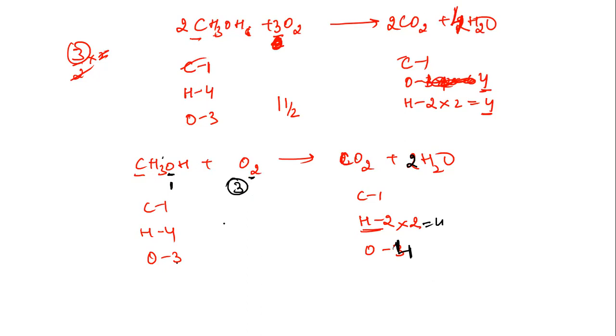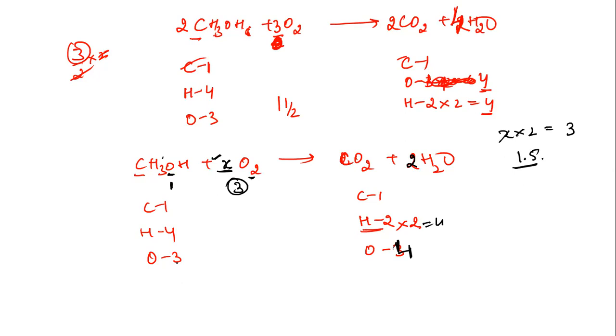So you have to choose this number X such that X multiplied by 2 is equal to 3. You will get 3. Clear? Which is equal to 1.5.